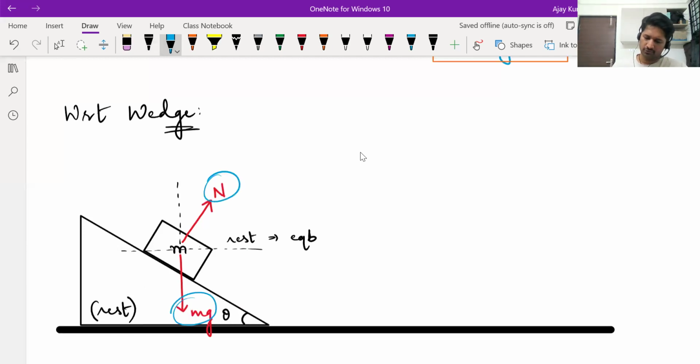Can this force and this force balance? I'm asking all of you, can a force directed this way and another force directed this way, can they balance? Sir, no, no, sir. No. Then how can the block be in equilibrium?